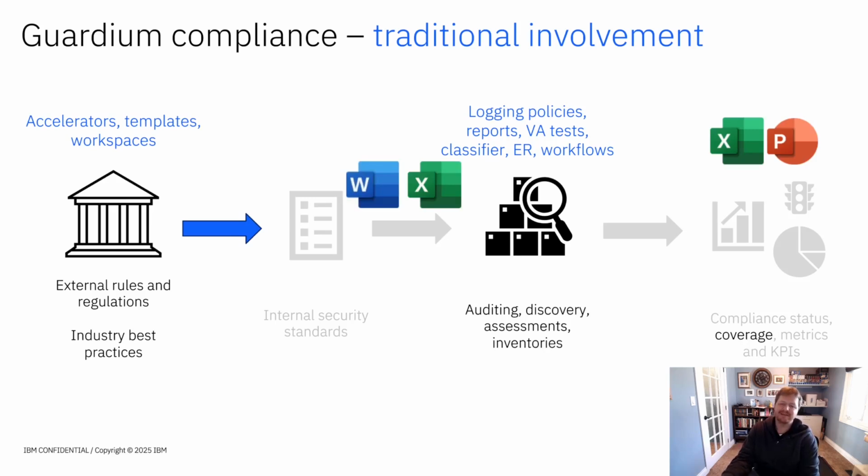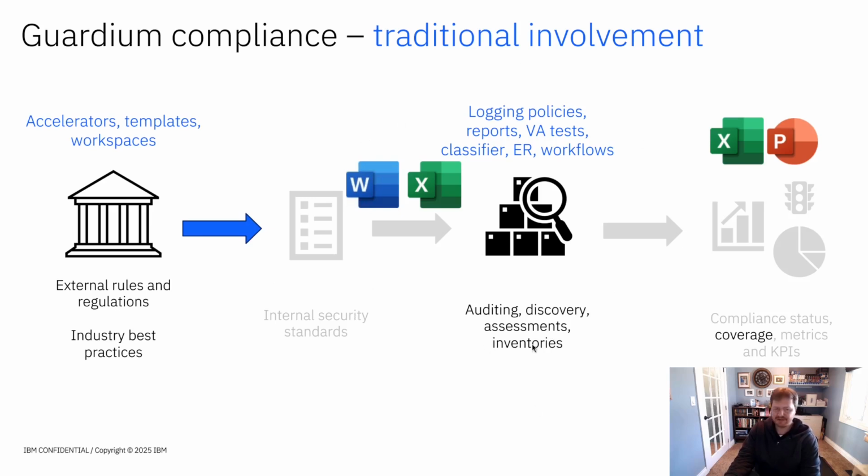So these two new features, before we get there, what do customers do to sort of fill in the gaps? Because you still have these internal security standards, and you still have a need for metrics and reporting current compliance status. And so they use effectively productivity software. They use Word, or they use Excel to maybe map our internal security standards to what's built in Guardium.